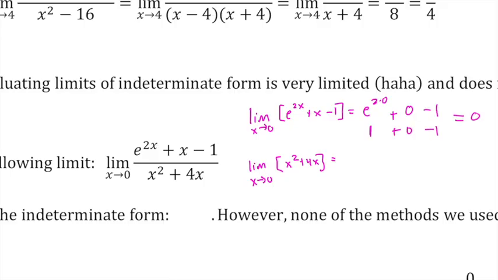And so that all equals 0. And then if you substitute 0 into the denominator, you're going to get 0 squared plus 4 times 0, which is also 0. So we do have an indeterminate form, but this cannot factor. So what else do we do?